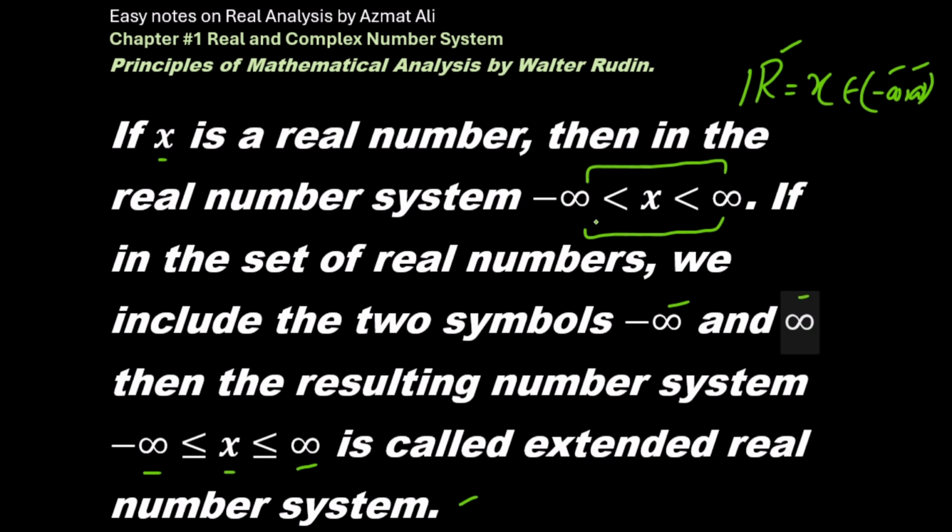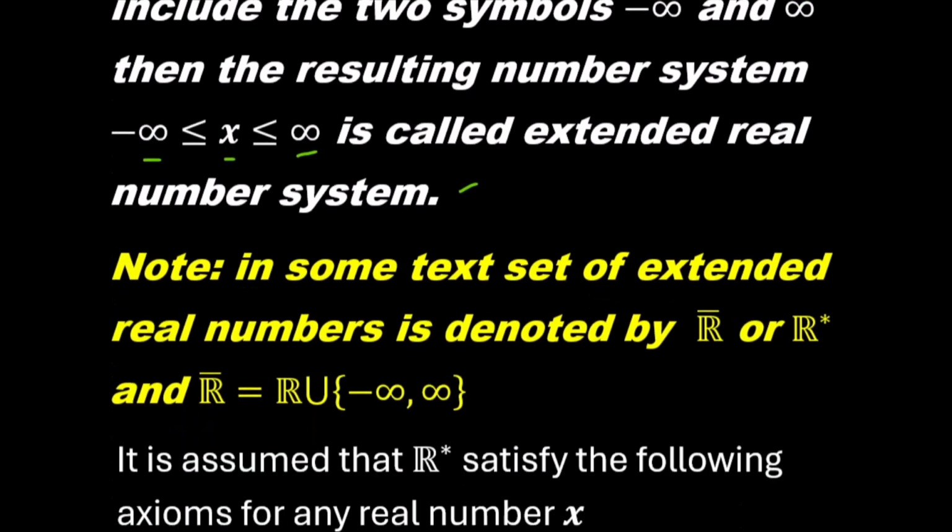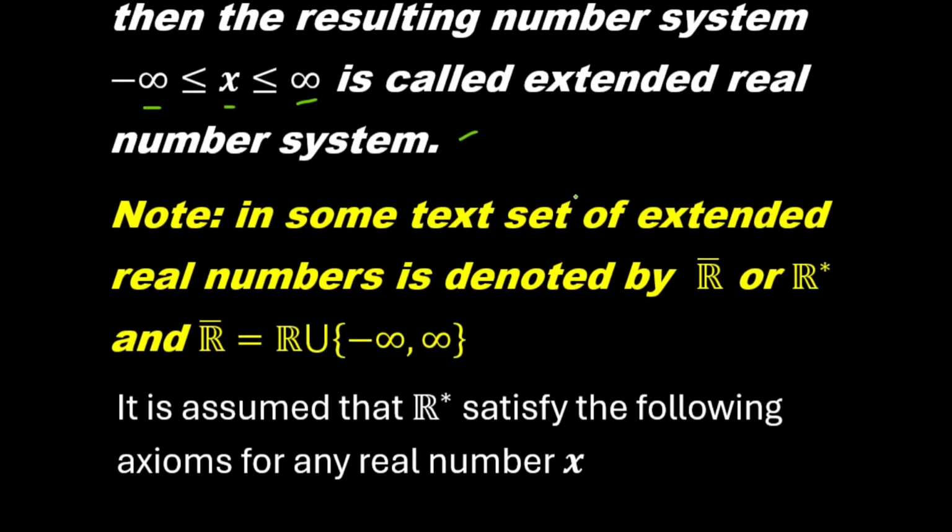While if we include these two symbols, then the resulting real number system is called the extended real number system. Further, in some textbooks, the extended real number system is sometimes denoted by R over bar or R star.